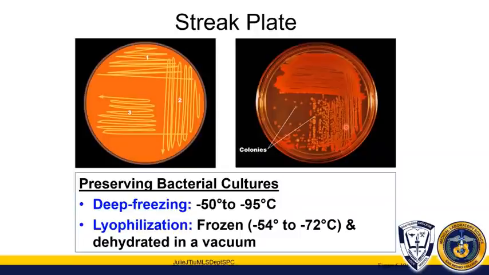So if in your primary inoculation of your specimen you see a lot of growth, you see yellow colored colonies and red colored colonies, you will have to identify both. So you need to prepare a pure culture of the red colonies and a pure culture of the yellow colonies, and you need to identify.